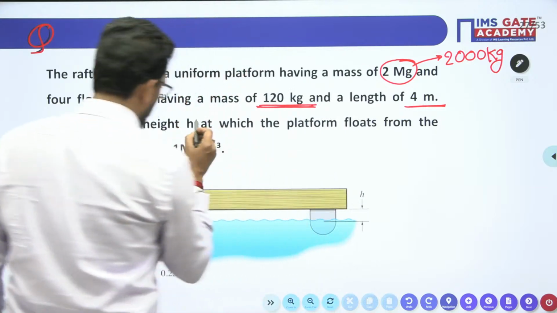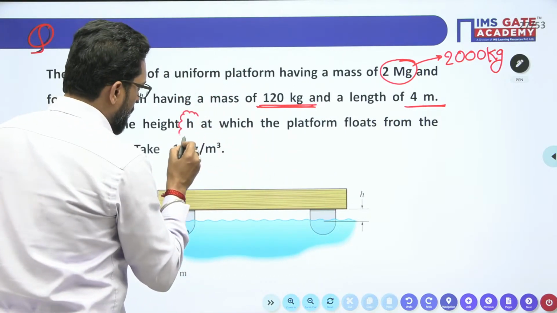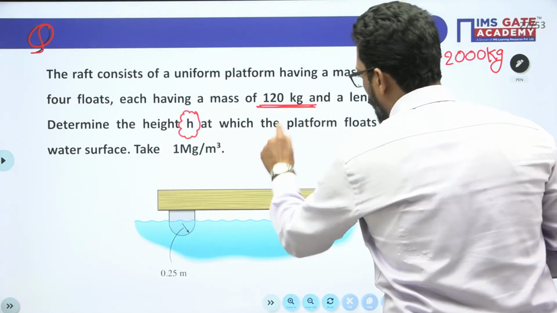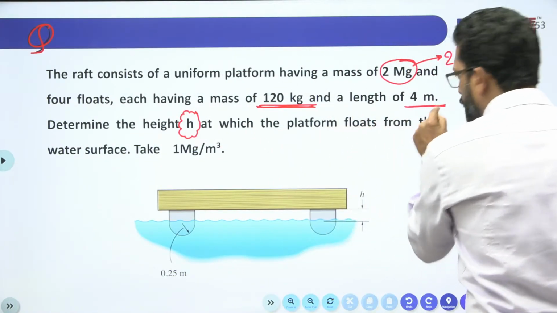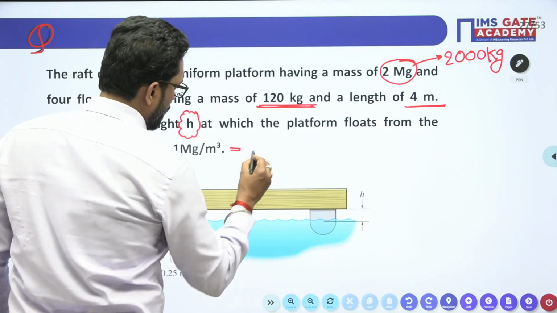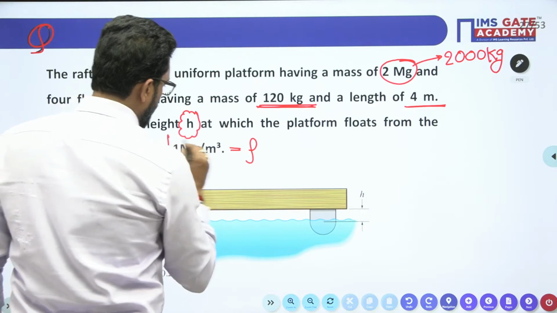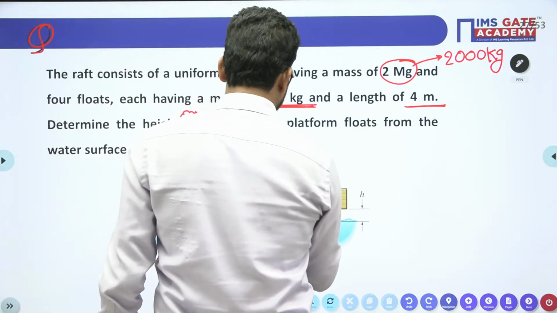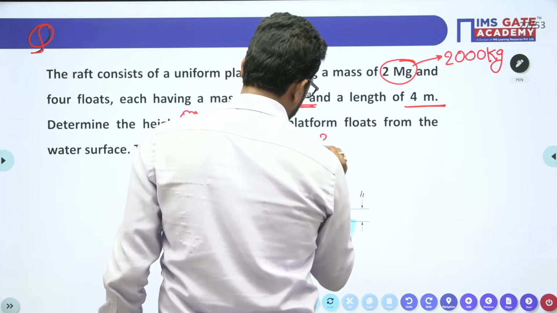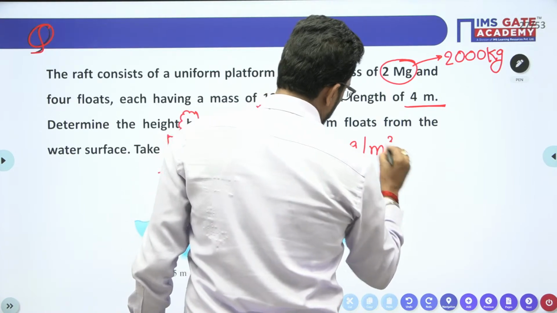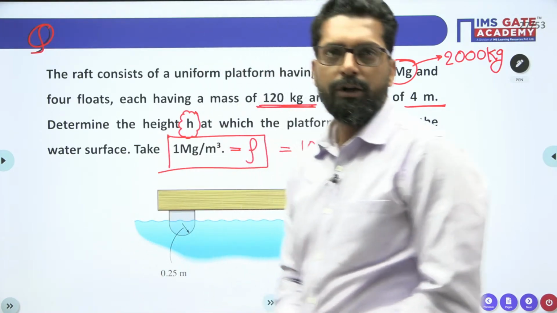Determine the height h, very important, this height h at which the platform floats from the water surface. Take this as your density: 1 megagram means 1000, so water is 10 to the power 3 kg per meter cube. This is your density.